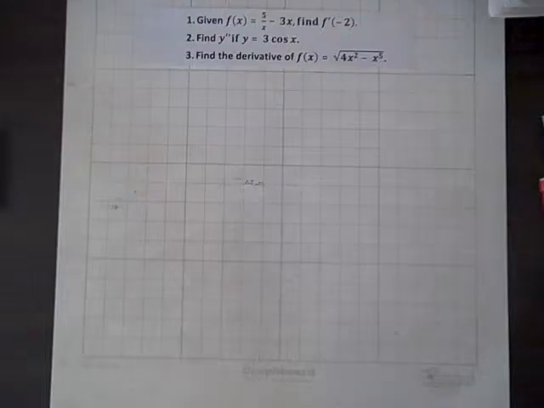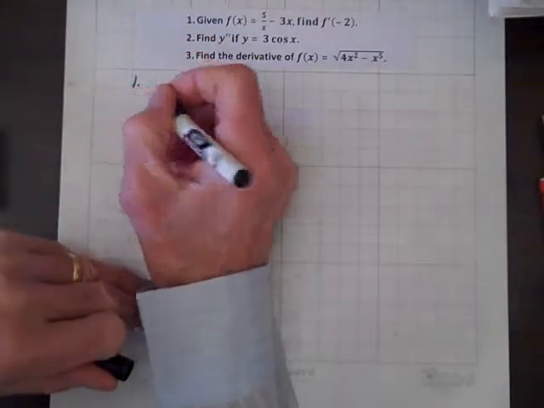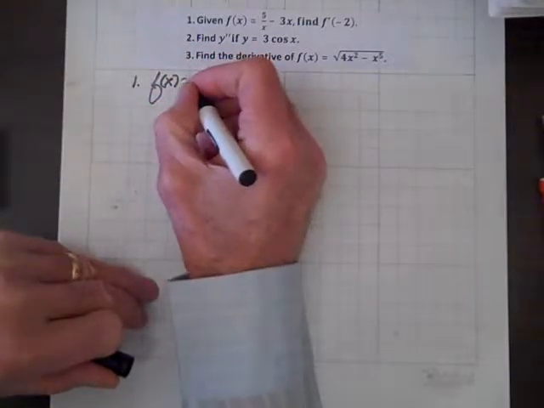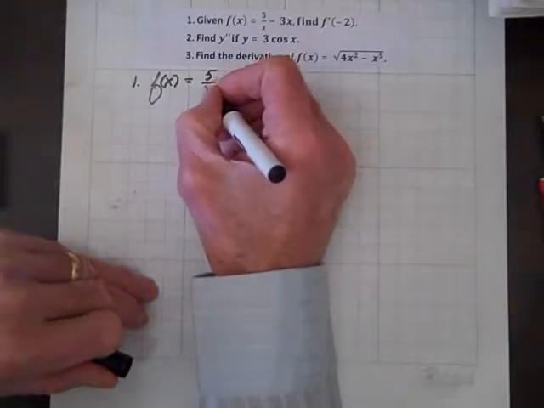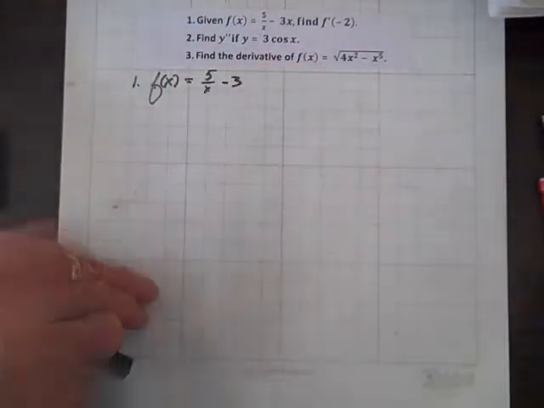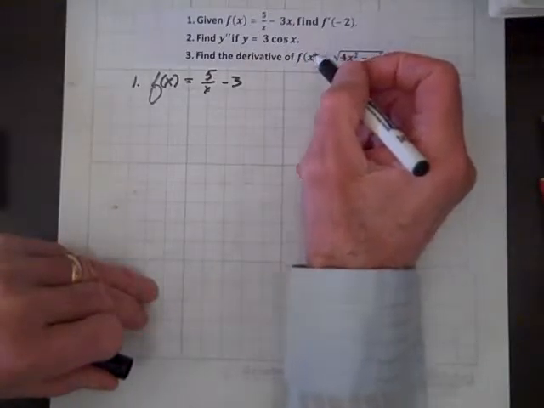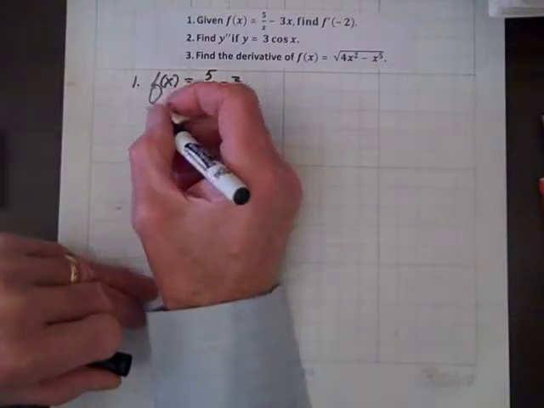Okay, well, we have three problems here to do. For the first one, we're given that f of x equals 5 over x minus 3x, and we're going to have to find f prime of negative 2. Well, first of all, we better find the derivative of this thing.